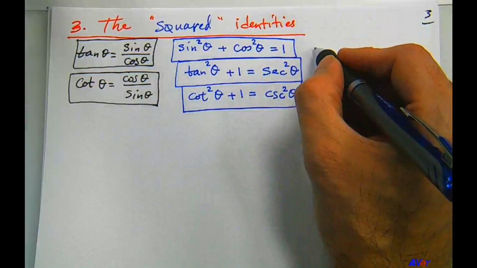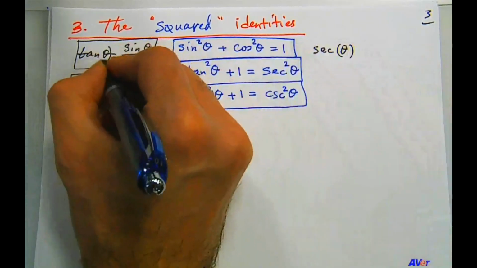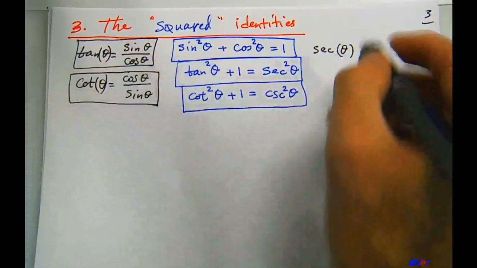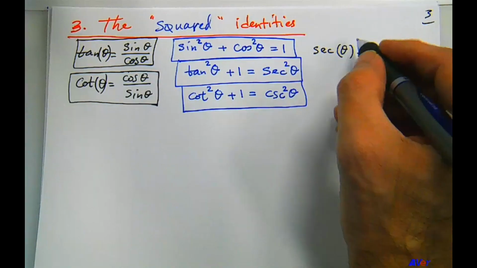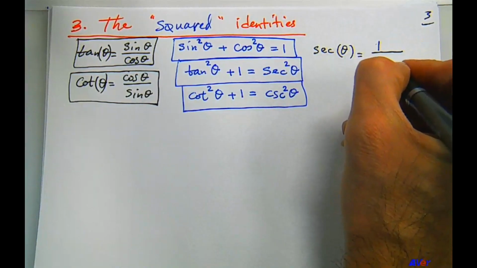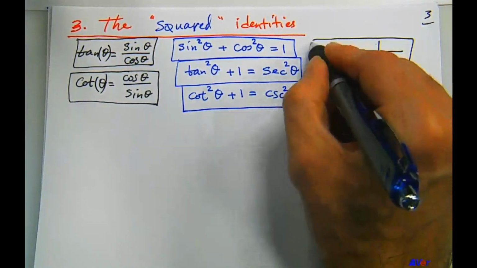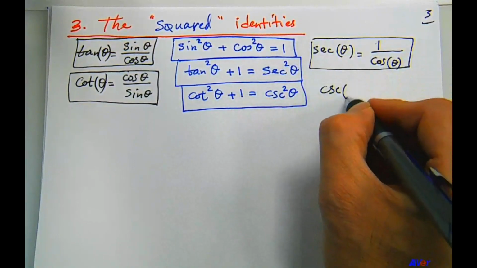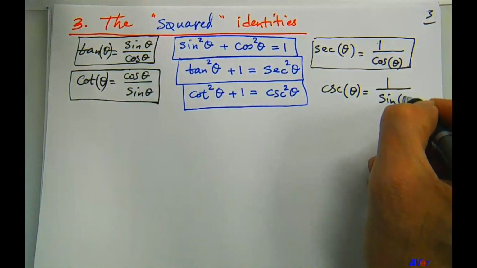Also, secant of theta is equal to the reciprocal of cosine of theta, and of course, cosecant of theta is equal to the reciprocal of sine of theta.